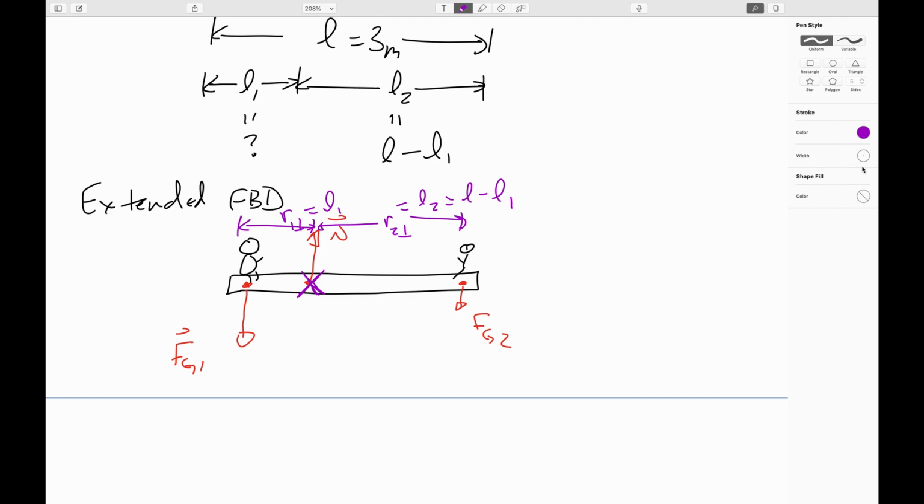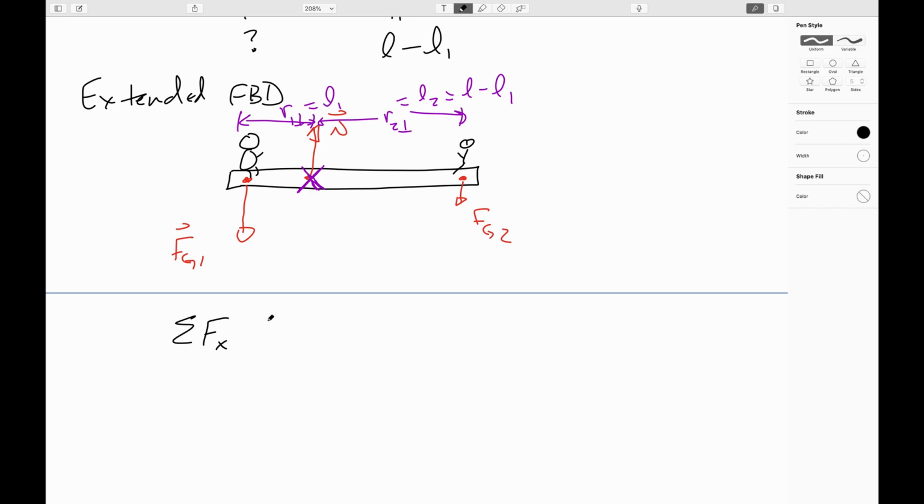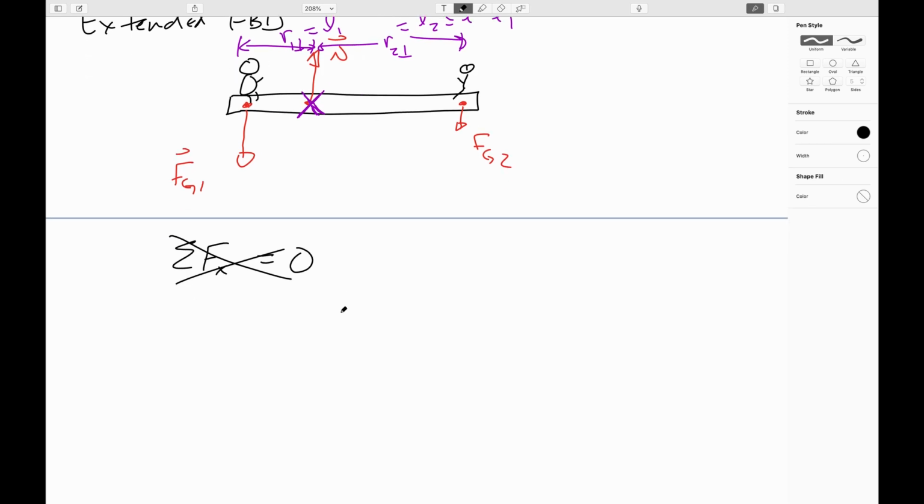So the conditions of equilibrium say that the sum of the forces in the x direction has to add up to 0. Well, everything's happening vertically. So it's true, 0 equals 0, but it doesn't help us much. Let's look at the y direction. The sum of the forces in the y direction also has to be 0.